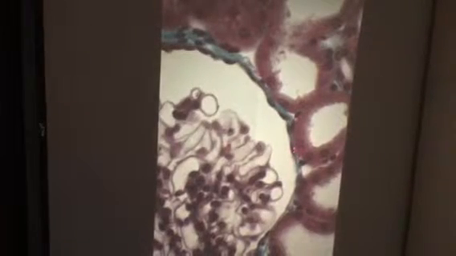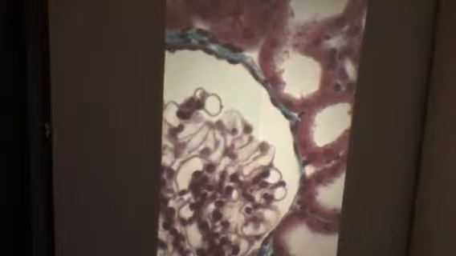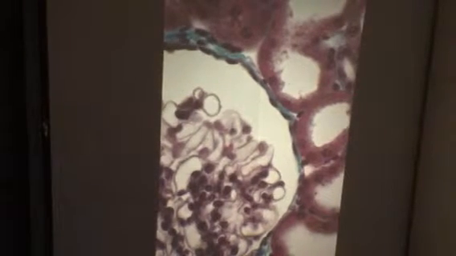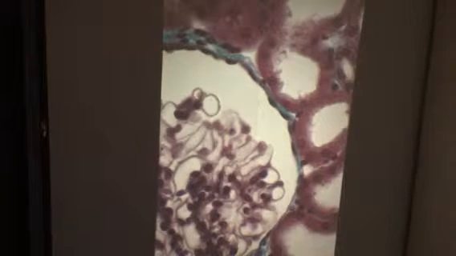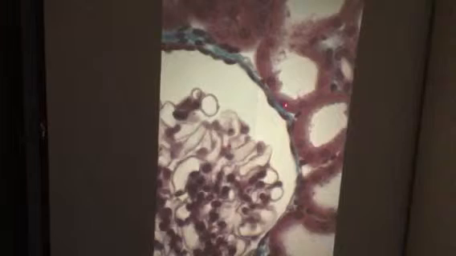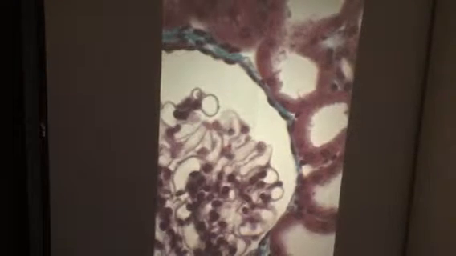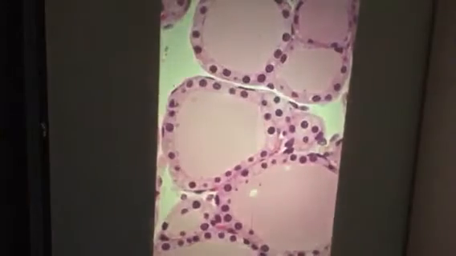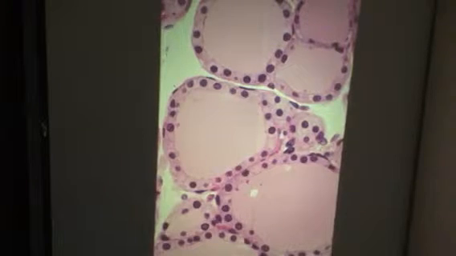Okay, what is this tissue we see right there? Simple squamous epithelium. This is from the kidney, but you don't need to know that yet. That's simple squamous epithelium, a little bit of connective tissue underneath that. And this tissue right here would be what? Simple cuboidal.